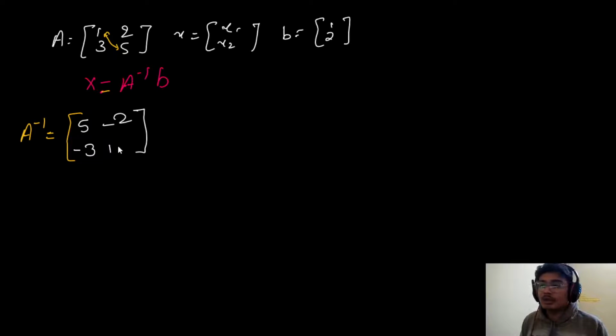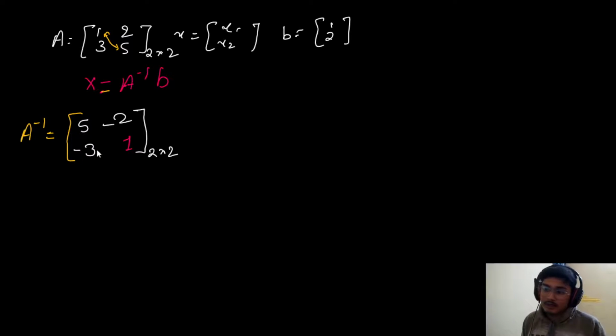So this is a short trick to find the inverse of a 2 cross 2 matrix. Remember that this is only valid for a 2 cross 2 matrix. For a 3 cross 3 matrix, you have to do the whole process. For a 2 cross 2 matrix, you can find this easily using this.